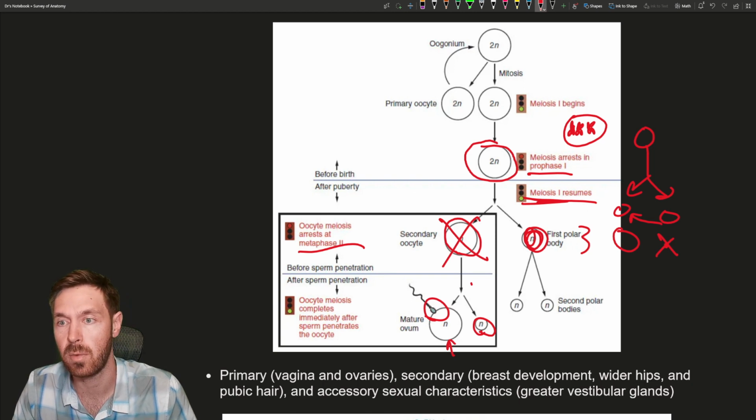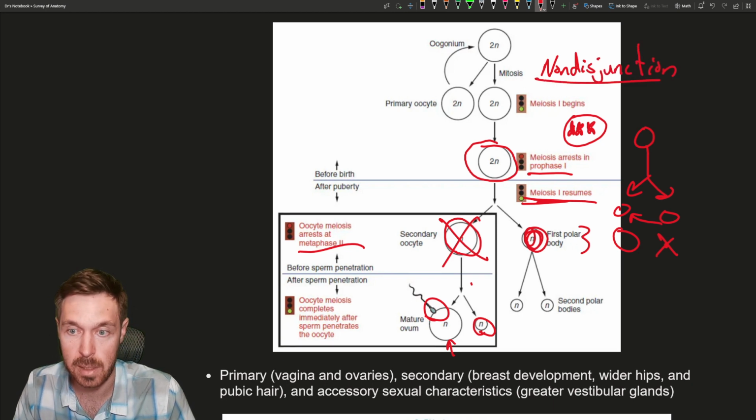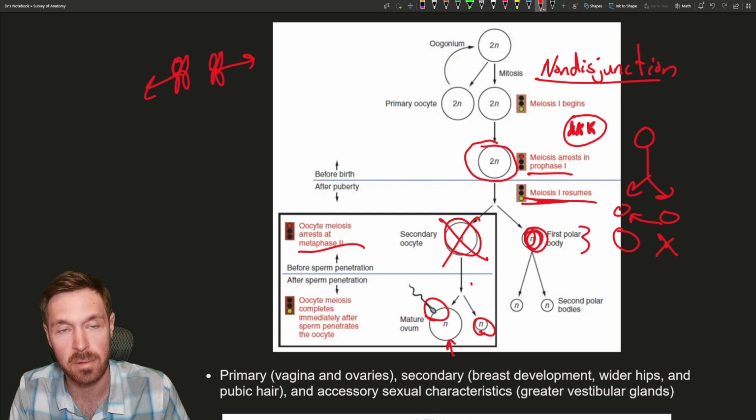That's also one reason why certain disorders known as non-disjunction disorders are more common in female eggs than male sperm. Non-disjunction is when, going through meiosis, you have chromosomes that need to be separated. They need to be pulled to opposite sides by spindle fibers.